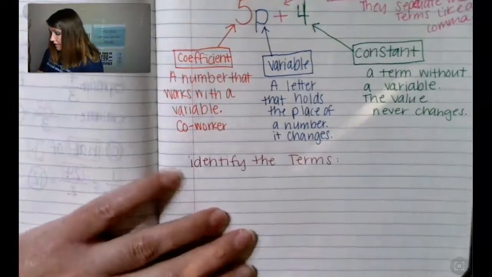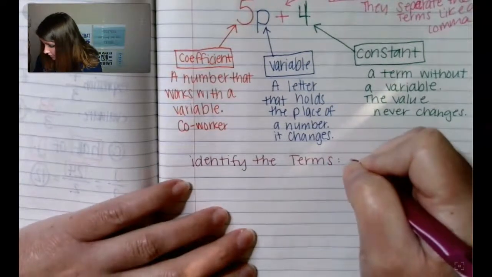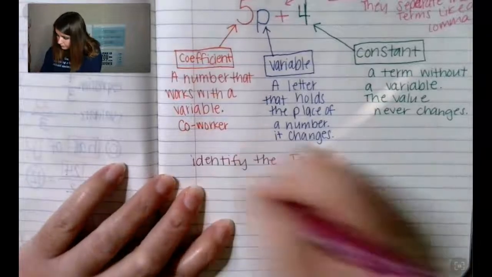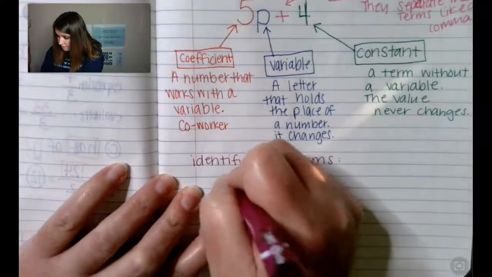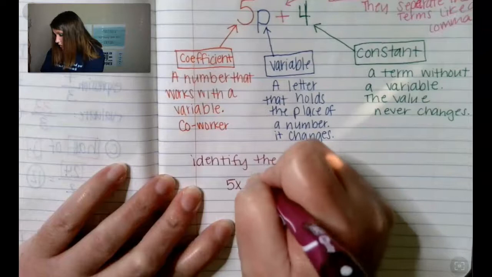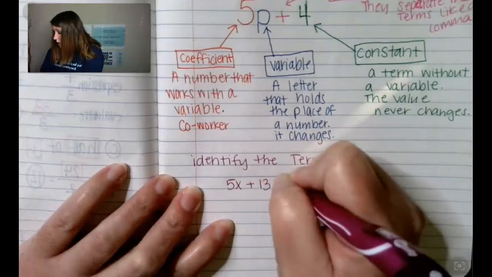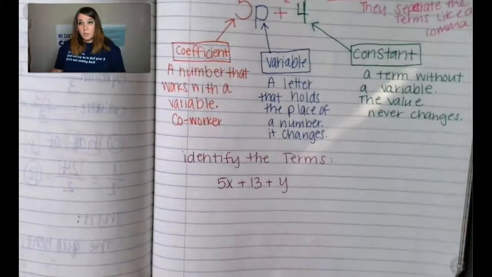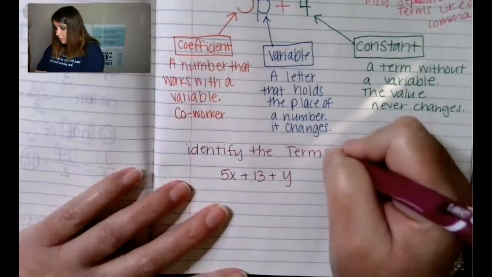So identify the terms. Let's say I had something that looked like this. 5x plus 13 plus y. Okay, now it wants us to identify the terms.